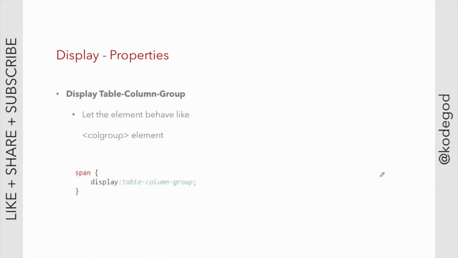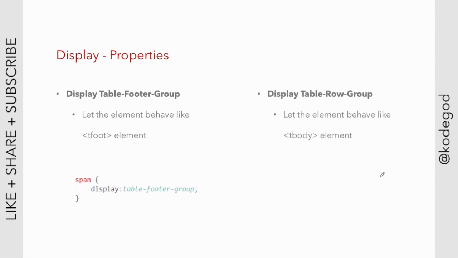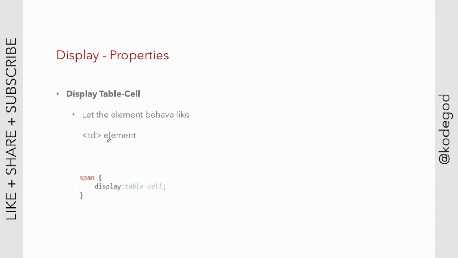So similarly we have table column group, then table header group, also table footer group, as shown in the slides like this. Okay, again rare instances where you can use this, but something again that we should know.